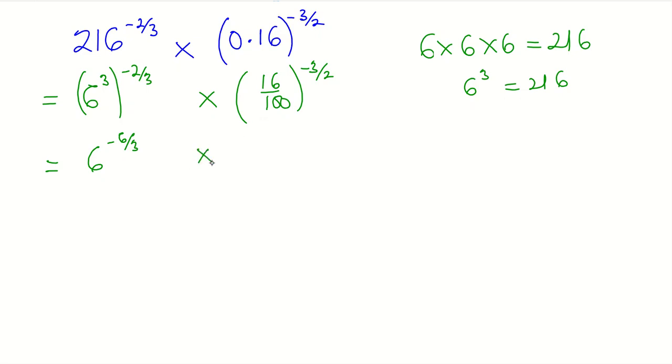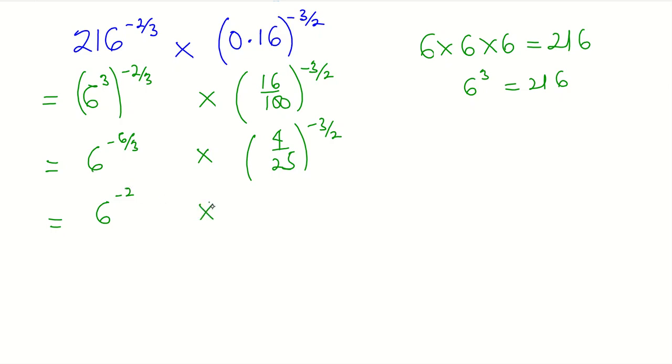We know that 16 out of 100 can be written as 4 out of 25, because 4 goes into 16 4 times and goes into 100 25 times. So we have 4 out of 25 exponent negative 3 out of 2. And so we can simplify the exponent here, and you have 6 exponent negative 2. That is 3 goes into itself 1 and goes into 6 2 times. So we have our minus 2 here.